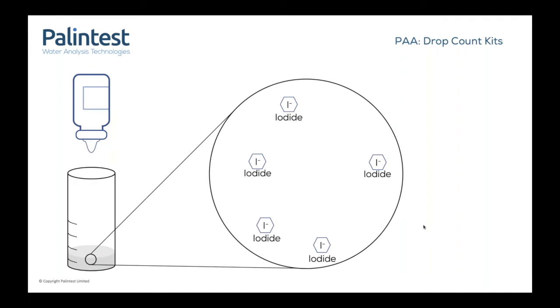We count the number of drops we had to add for the sample to go colorless. That means the more PAA you have, the more iodine you have, the more thiosulfate you had to use to make it go colorless. So we can correlate the number of drops to a parts per million concentration of peracetic acid.